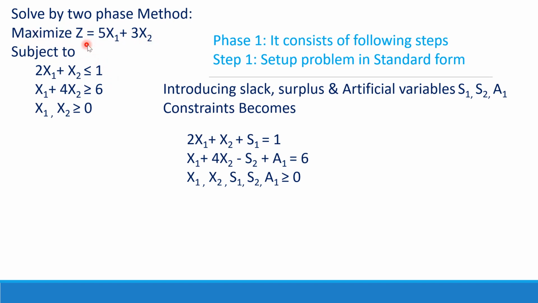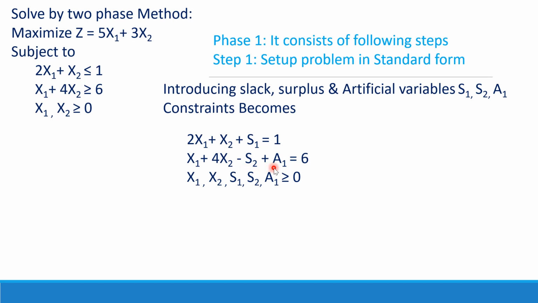So we are adding them to the constraints only. Introducing them, we get 2x1 + x2 + s1, since this is the first constraint. The second constraint has the surplus variable s2 subtracted from it and the first artificial variable added.